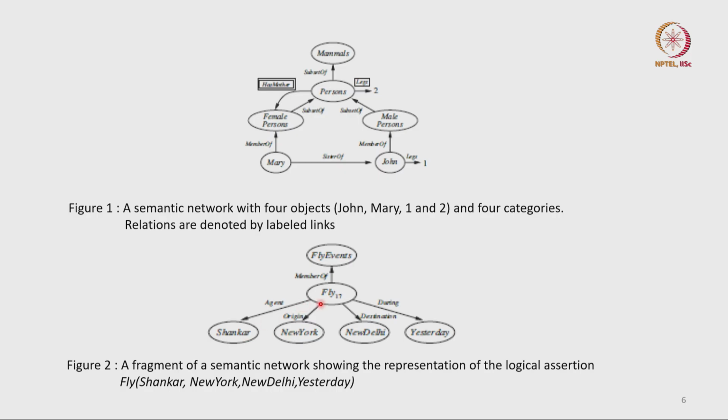The person who flies is Shankar, the agent. Origin is New York, destination is New Delhi, and the time is yesterday. So, this is the way you can also represent events by using semantic networks.